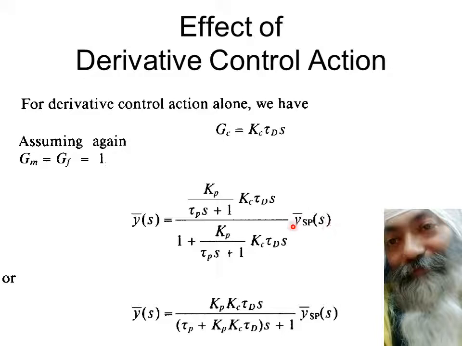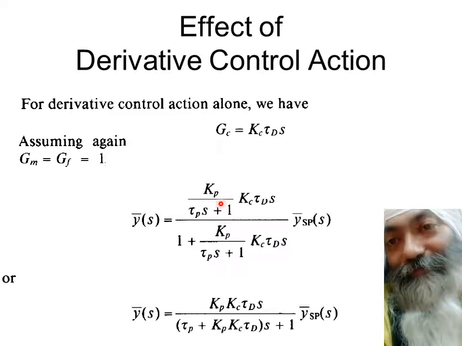Why are we taking a servo problem? Because in that case the effect of disturbance, that is D bar s, is equal to 0. This is the system with first order transfer function dynamics, and since we have Gf and Gm equal to 1, we are taking no note of that, into Gc.